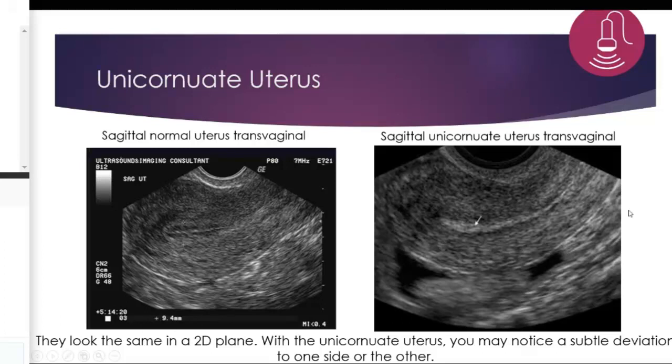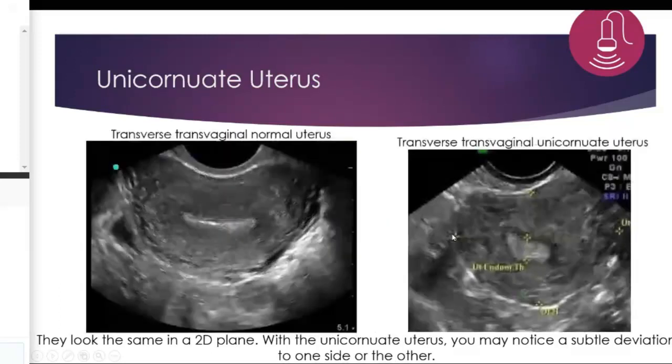So this is the normal uterus, and this is the unicorn uterus. So if you were scanning this unicorn uterus live, you may notice a subtle deviation of the uterus to one side or the other, but that is not really diagnostic of a unicorn uterus. So a sagittal image is not really going to give you the information you need to diagnose a unicorn uterus.